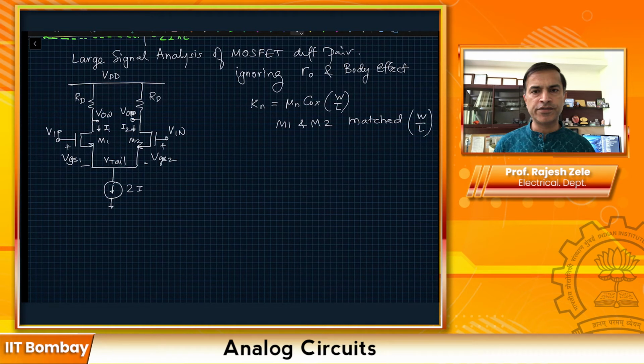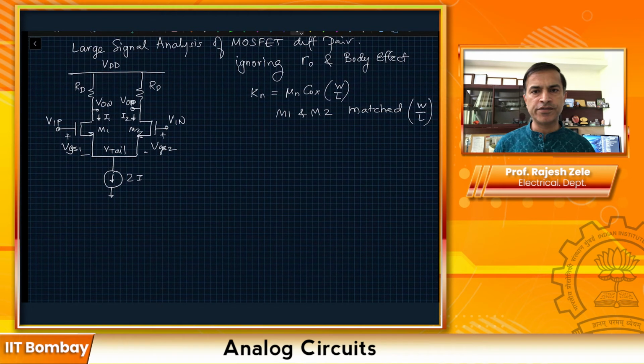Here we are going to assume that both the MOSFETs are in saturation, and under that condition I1 will be equal to Kn divided by 2. Remember, this is Kn and it doesn't have the divided by 2 that we have in the MOSFET saturation equation. So this will be VGS1 minus VTH squared. This gives VGS1 equal to VTH plus square root of 2I1 divided by Kn.